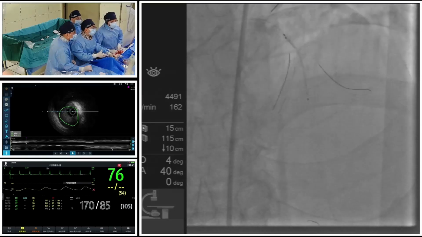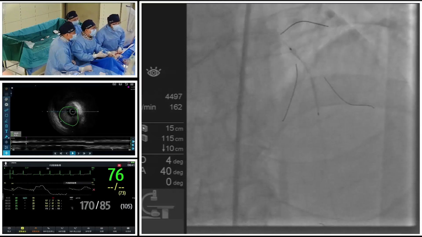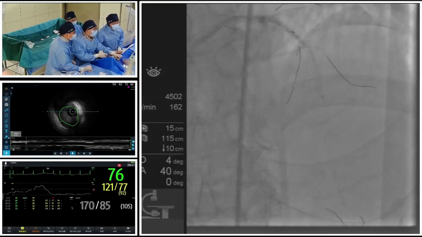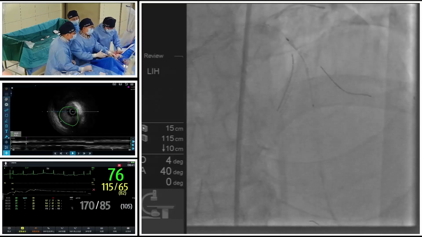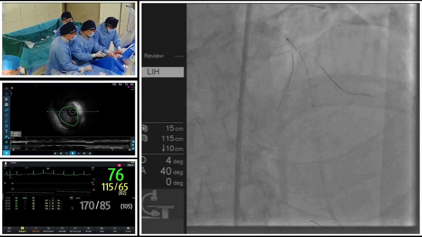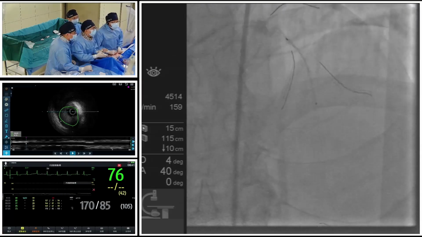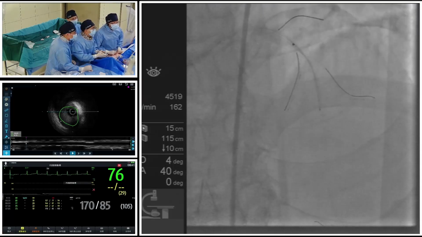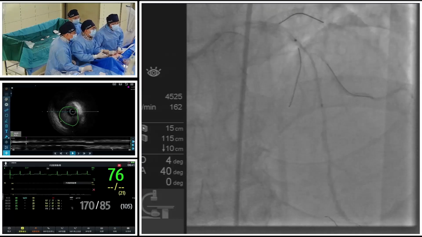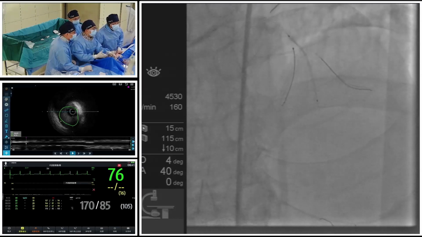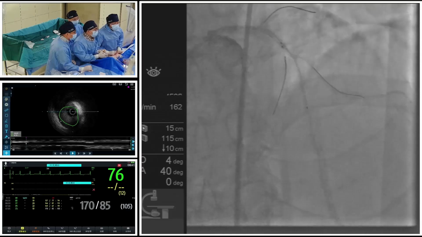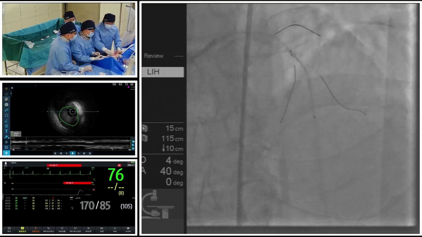So like we talked, whether you are jailing a balloon or wire or microcatheter, the whole idea is to use the device to occupy the space to avoid the carina shift during the expansion of the main vessel stent. So we can see that using this jailed balloon technique can reduce the risk of carina shift.